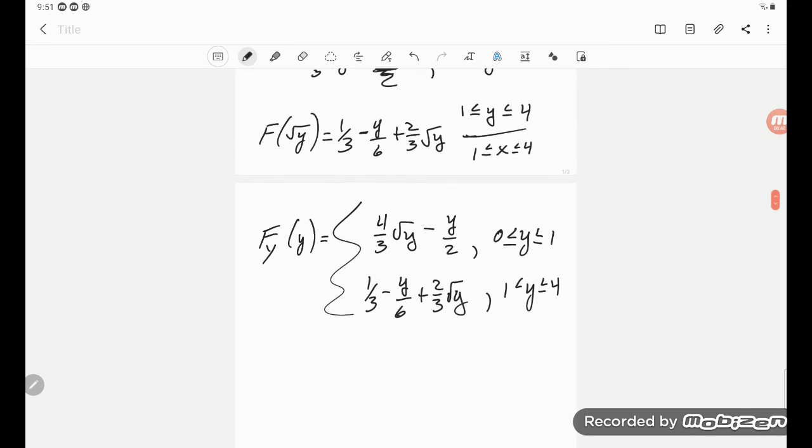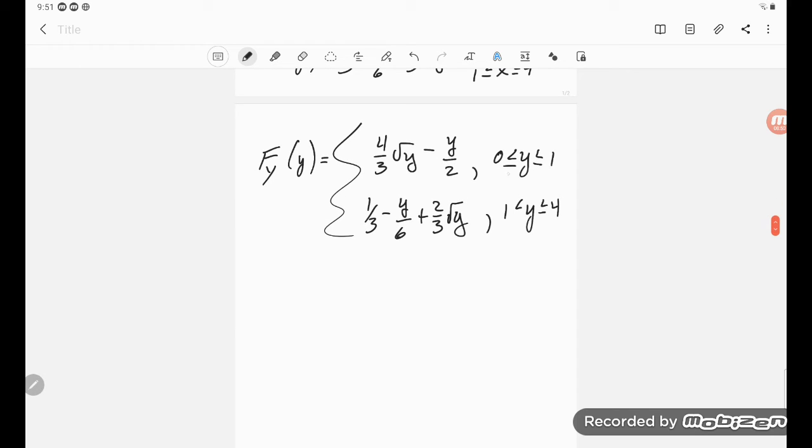And if you check this at 0, I definitely get 0, so that's good. At 1, I get in the top part here 4/3 minus a half. So that's 8/6 minus 3/6, and so that's 5/6, I believe. So up here I got 5/6. Now what if I put a 1 in down here?